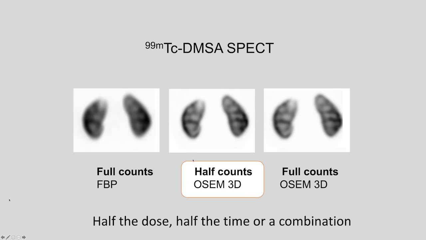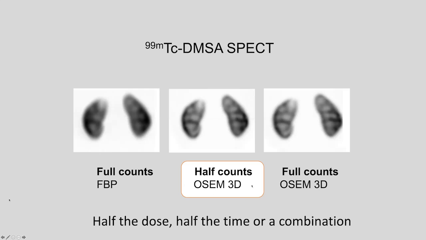When you use OSEM 3D, and you can use half the counts or half the dose, the images, you will agree with me, are much sharper than with filter back projection. This is the same patient. On the right side, you can see the normal cortical columns of Bertin, which are not very well seen on filter back projection.